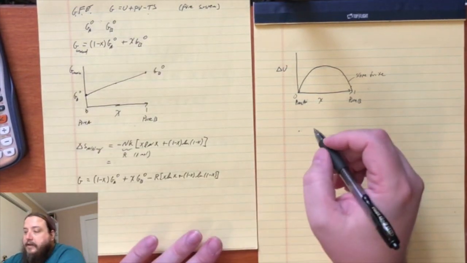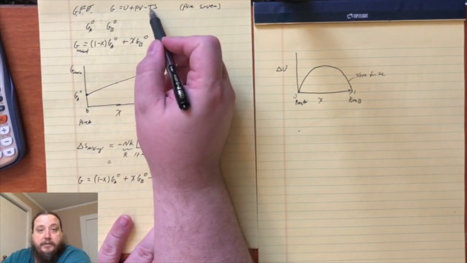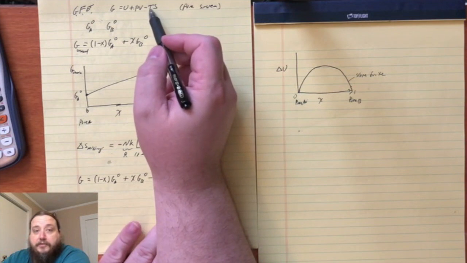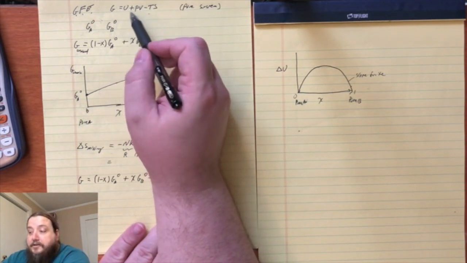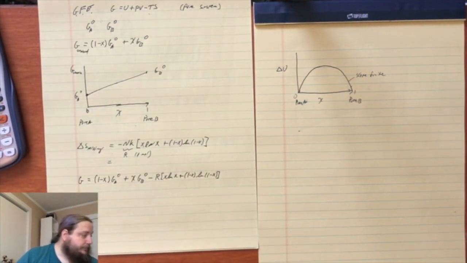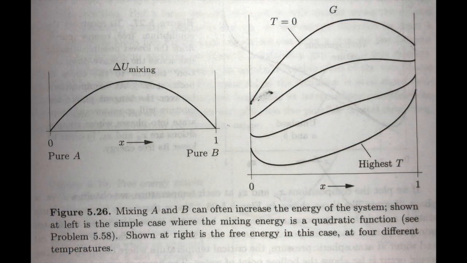But we're going to have some plus here of the energy term. And so at low temperatures, when temperature is approaching 0, the entropy term isn't really going to matter much, and the change in the Gibbs free energy for mixing would lead to an increase in the Gibbs free energy.